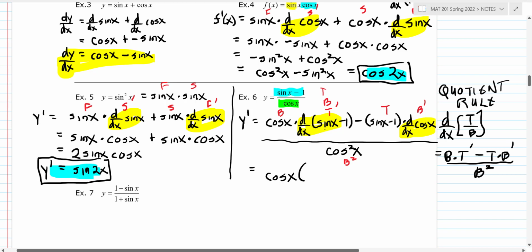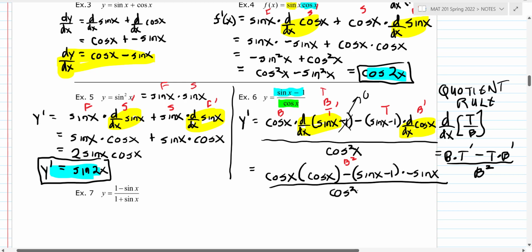The derivative of a sine is a cosine x. The derivative of a constant is 0, so you don't really have to write that in there. Move to the next part, bring down the sine x minus 1. The derivative of a cosine is negative sine x. And then this is all over cosine squared x.